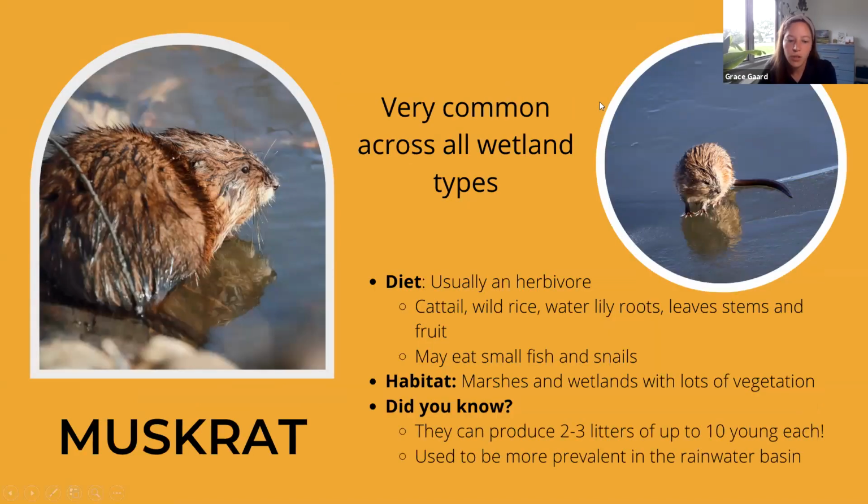I also put the muskrat in here. It's obviously a mammal that you can find all across Nebraska in different types of wetlands. You could find it in the Playa Wetlands, and based on some research I did, they actually used to be a lot more common in Playa Wetlands.